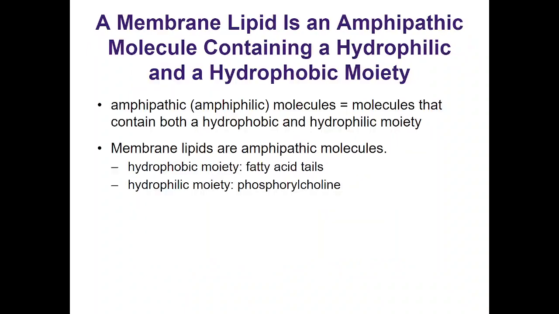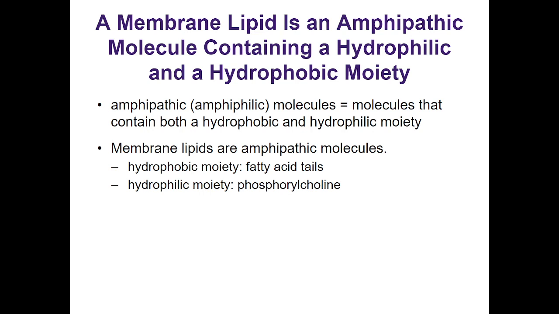Oh, man. So a membrane lipid is an amphipathic molecule containing a hydrophilic and hydrophobic moiety. This is what gives it the ability to make a membrane in the first place, okay? Amphipathic or amphiphilic, another way of saying the same thing.